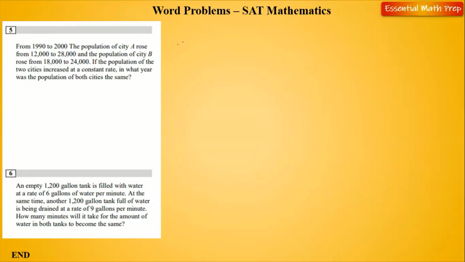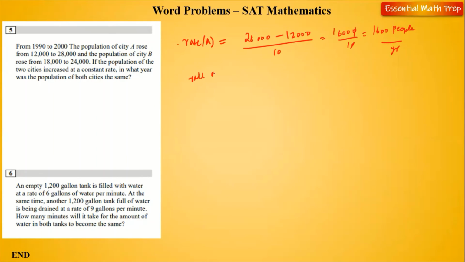So first, let's figure out the rate for city A, which is 28,000, the population, minus 12,000 over the time, which is 2000 minus 1990, 10 years. So 28,000 minus 12,000 is 16,000. Now over 10, that's 1,600 people per year in that city.